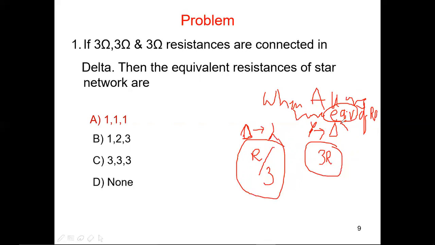Here you should understand clearly, based on this resistance value, your current, voltage, power is going to be decided.